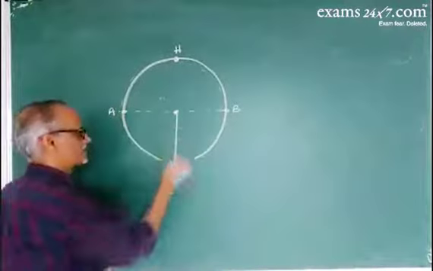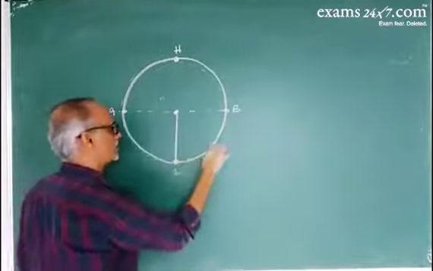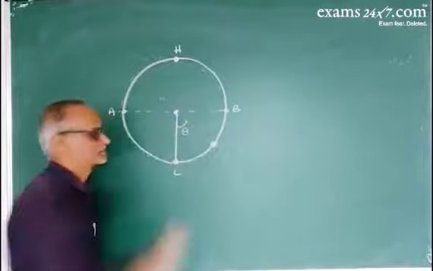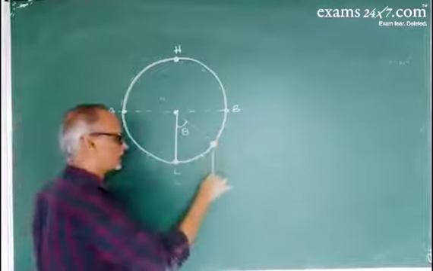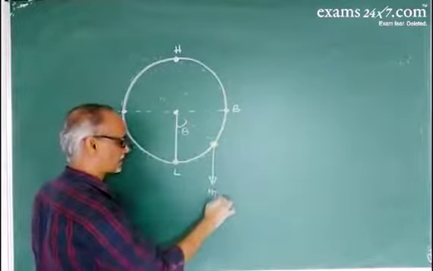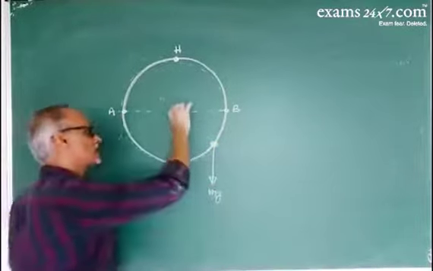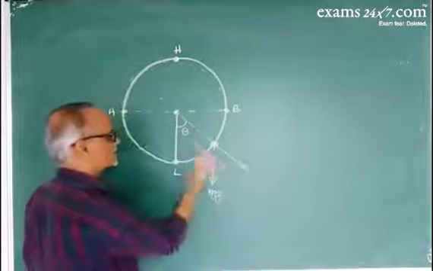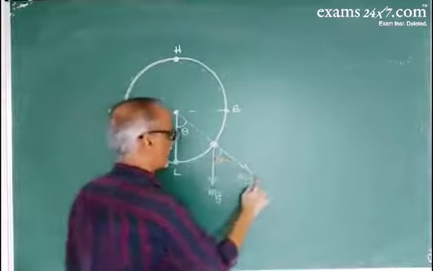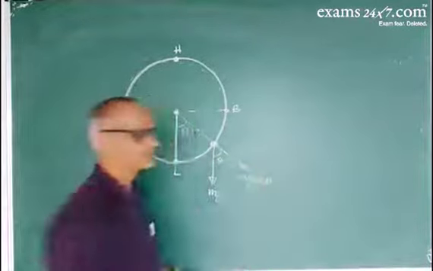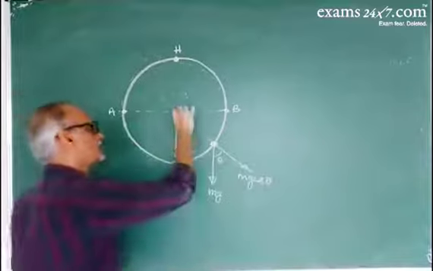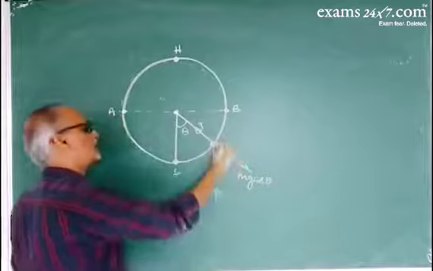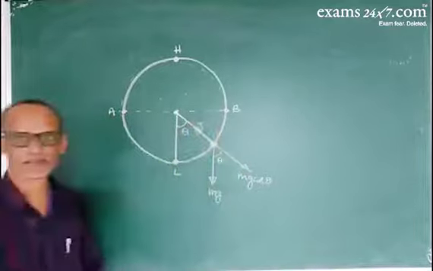So when this thread reaches a particular point randomly here, which makes an angle theta, at this point the weight acts in a downward direction, which is mg. So along the radius, the component of the weight acting here, this is theta, will be mg cos theta. Therefore, when the thread is here, the tension acts along the radius toward the center.